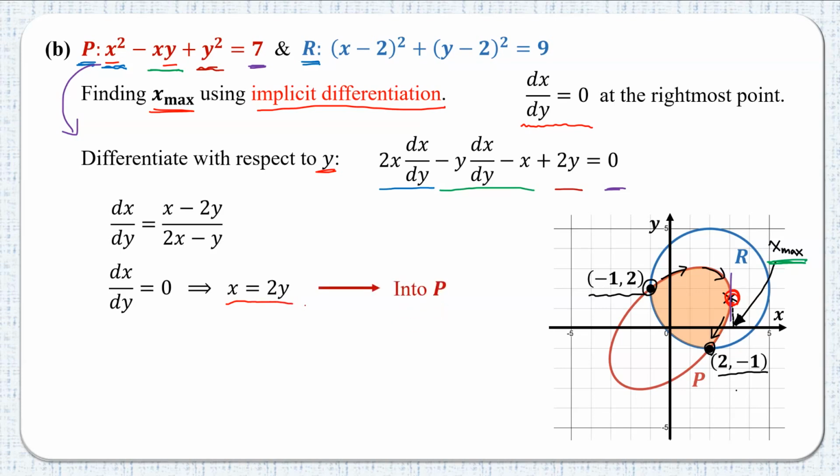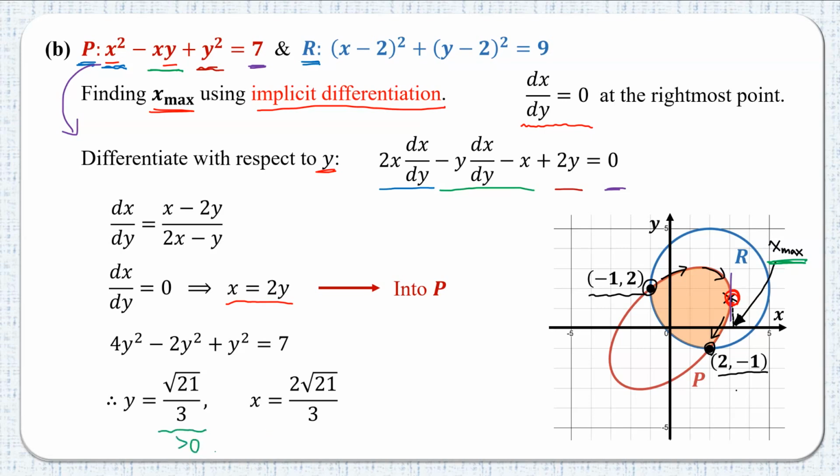And we substitute this into the equation of ellipse P. Then we have this, and from this you can easily obtain the value of y, and from x equals 2y the value of x. Here the positive root is chosen because at this point y is obviously positive. The negative root is for this point. Therefore, this rightmost point is 2 square root of 21 over 3, square root of 21 over 3.